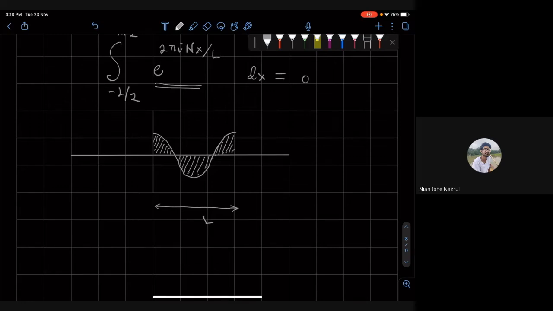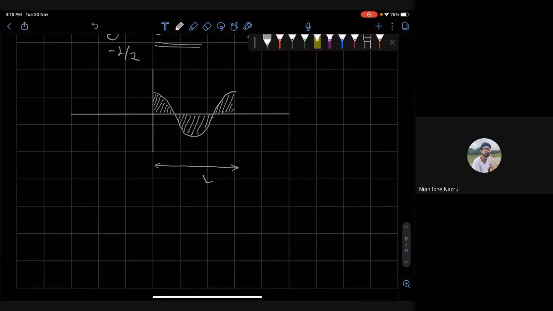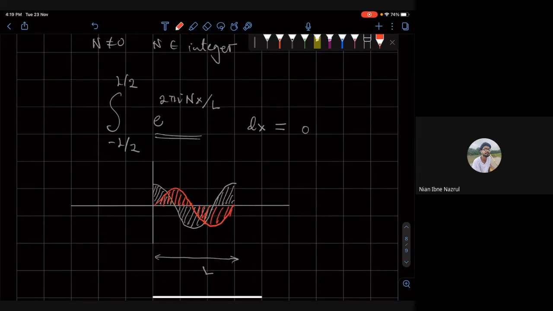On the other hand, similarly for the sine function, right? So this is going to be the positive contribution, and this is going to be equal to a negative contribution. So when you do the sum, you basically find this to be the result, okay?